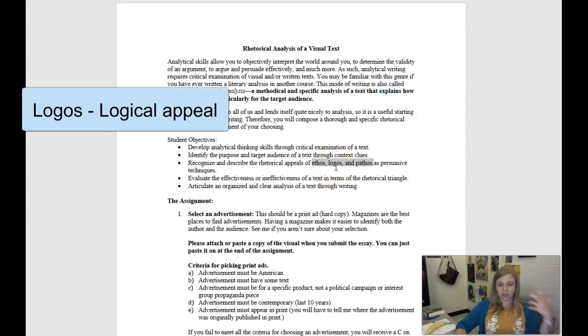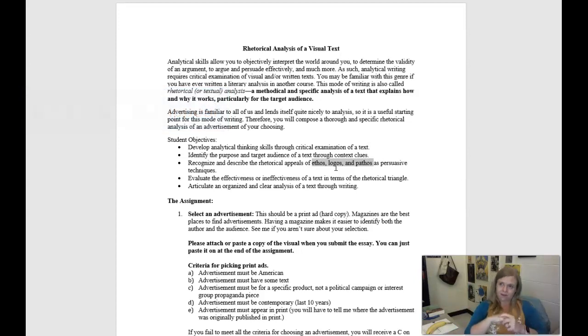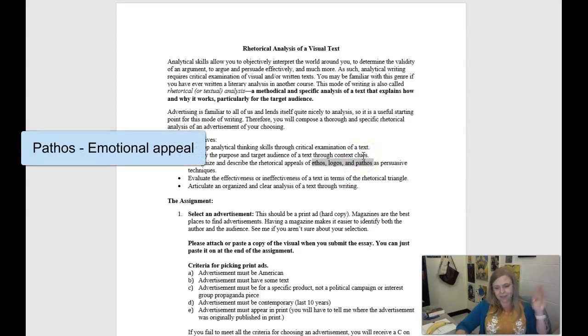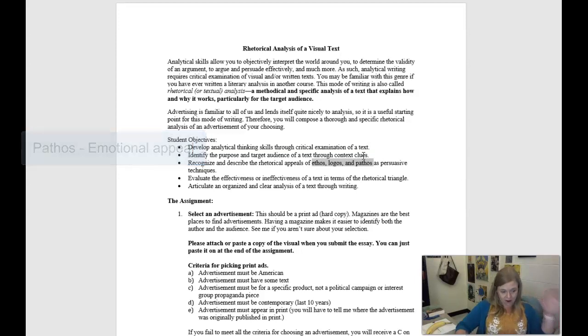Logos is the appeal to logic, and that's where you're going to see statistics. 100% of people do this. 20 car owners believe that this was the best one ever. And then pathos is the appeal to emotion. Now, I would say that pathos is probably going to be the big chunk of most of your ads. So keep that in your mind, because think about it. What they're doing is painting a picture immediately for you to look at. And a lot of times pictures are more emotional than they are logical.